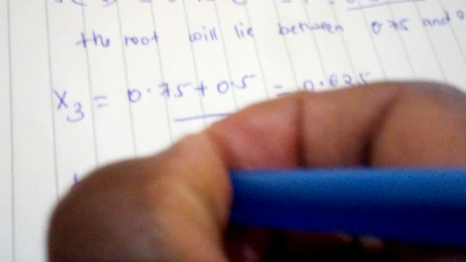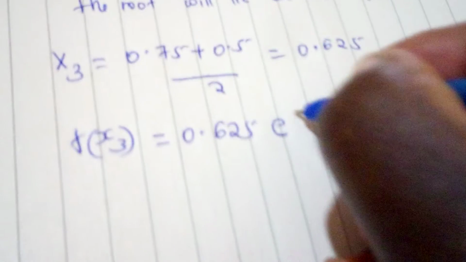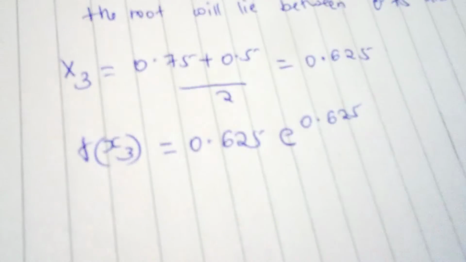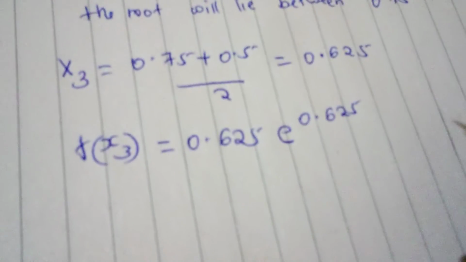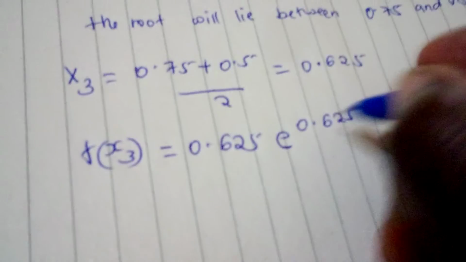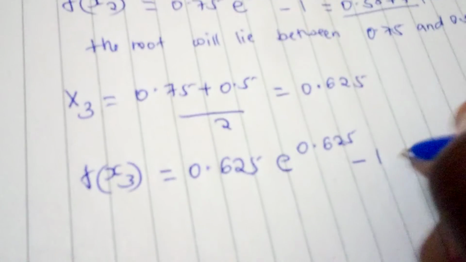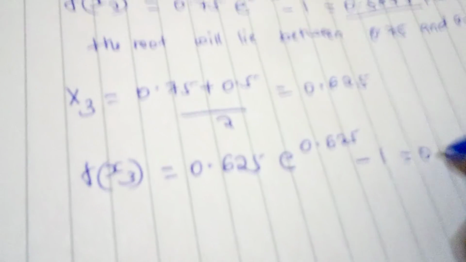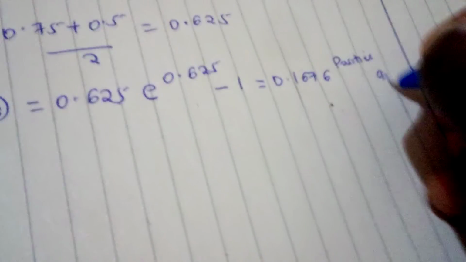Replacing into our equation, it will be 0.625 exponential 0.625. And remember, I told you in our previous video that your calculator must always be in the mode of radians. So 0.625 exponential 0.625, you subtract 1, it will give us 0.1676, which is a positive approximation.